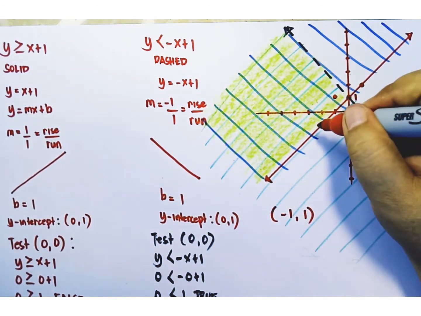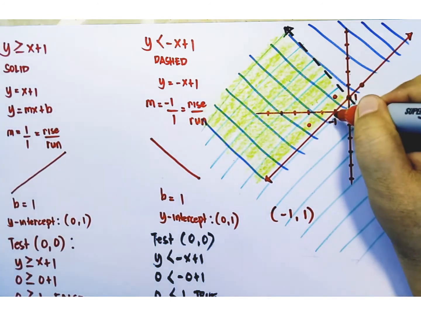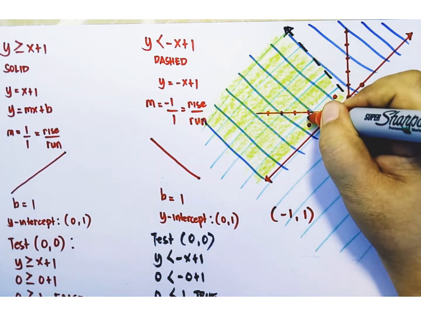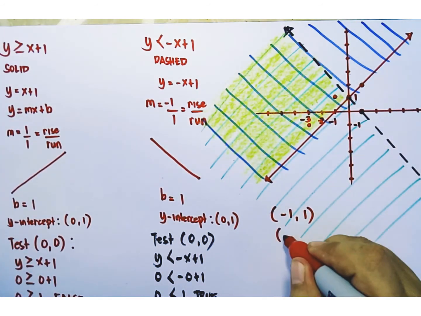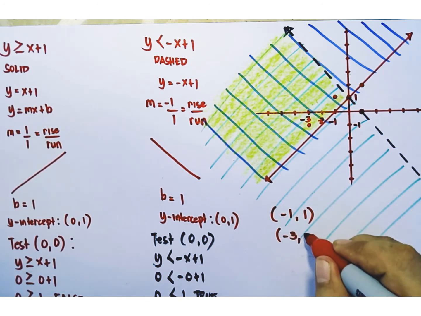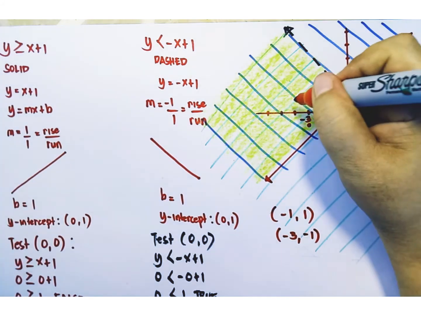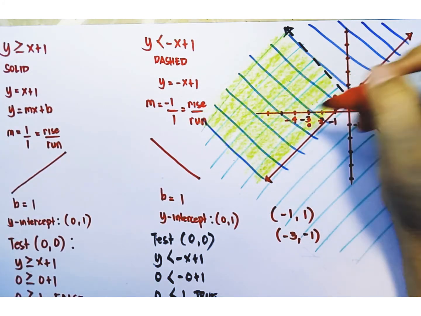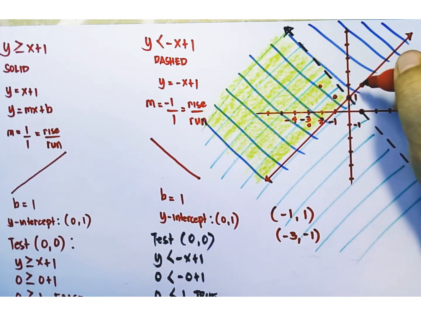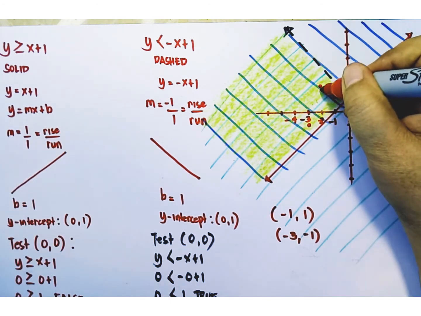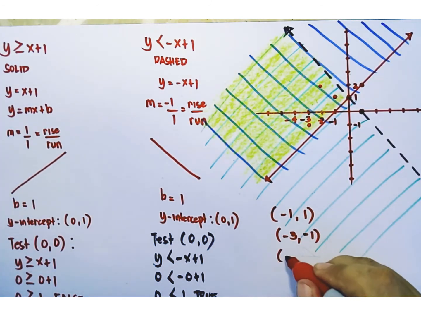Second point. The x-coordinate is -3, the y-coordinate is -1. Third point. The x-coordinate is -2, the y-coordinate is 2.